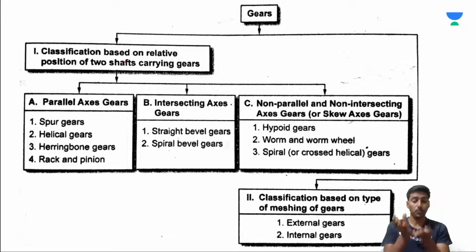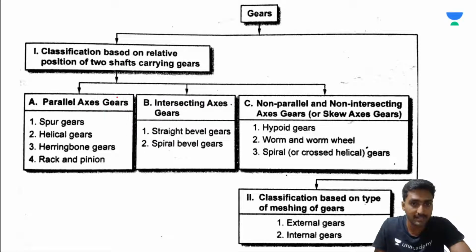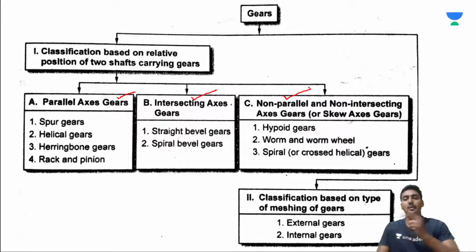So depending upon the position of those shafts, the gears are classified as parallel axis gears, intersecting axis gears, and non-parallel and non-intersecting axis gears. Second classification, based on the type of meshing of gears: external gears and internal gears.